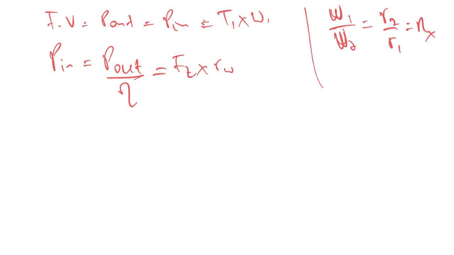Now those two give us what? The torque at the wheel. Torque, okay. And this torque, remember, times the speed at the wheel equals omega R divided by our efficiency times the wheel angular speed, right?